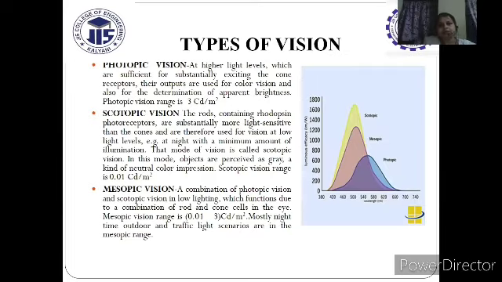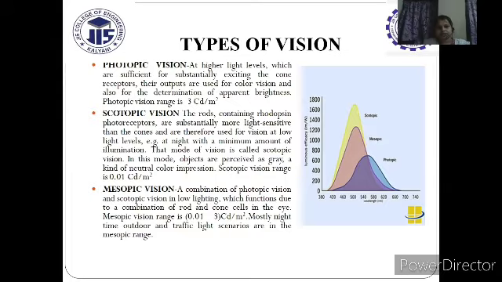Next, types of vision. There are three types of vision: photopic vision, scotopic vision, and mesopic vision. In photopic vision, at higher light levels, which are sufficient for substantially exciting the cone receptors, their outputs are used for color vision and also for the determination of apparent brightness.